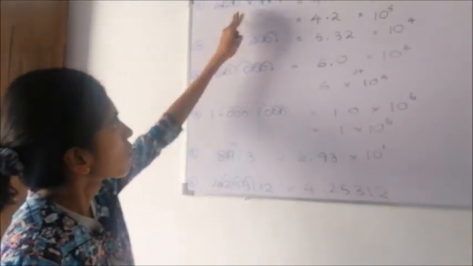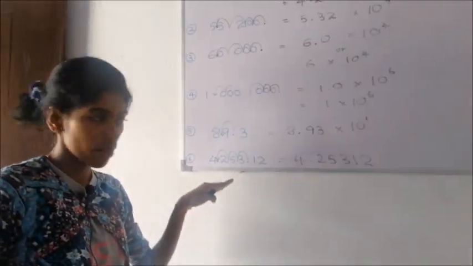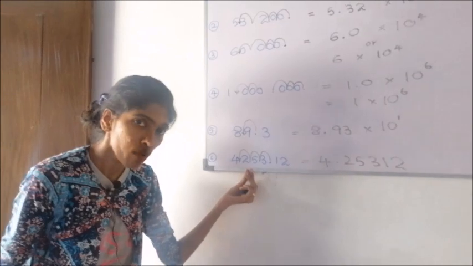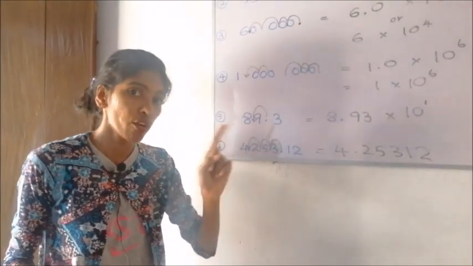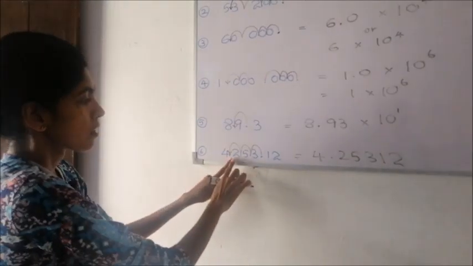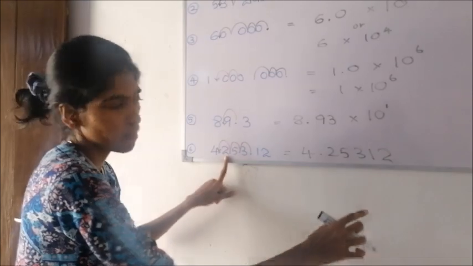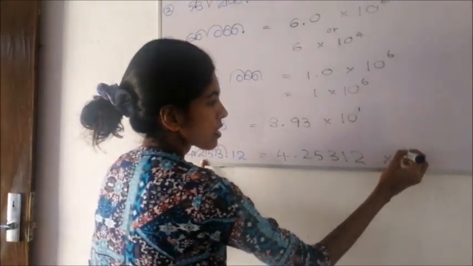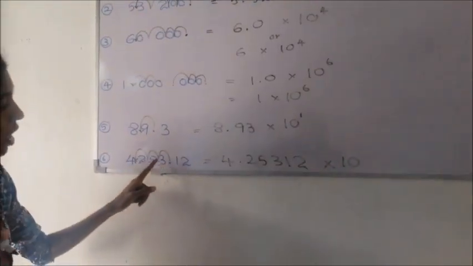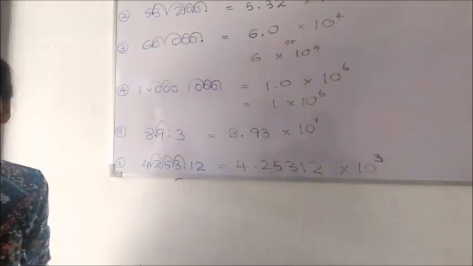Remember that last zeros only we can remove. In the middle, if there is a 0 among these other numbers, we cannot remove them, remember. Last zeros only we can remove, but here no any zeros, but we wrote all the digits, right? Multiplied by 10 to the power, see how many times we jumped? 3 times. These are the answers.